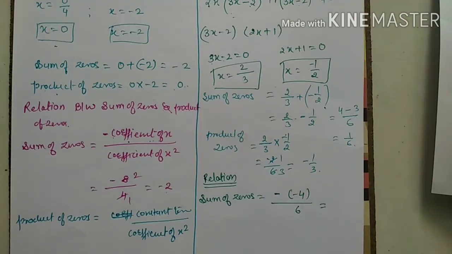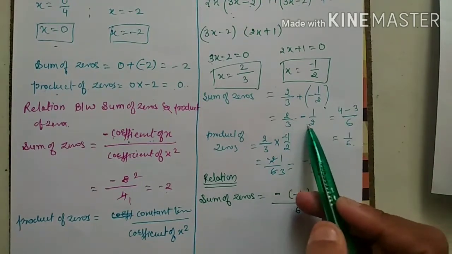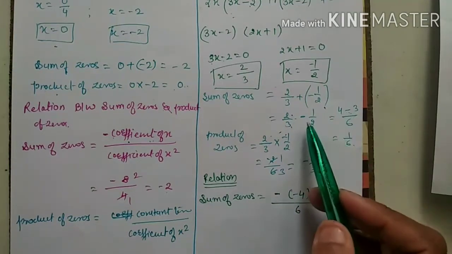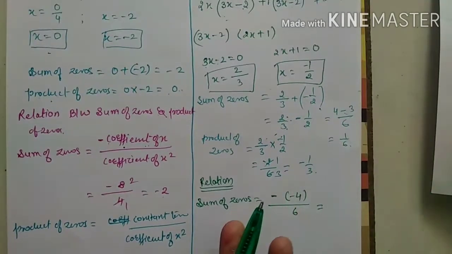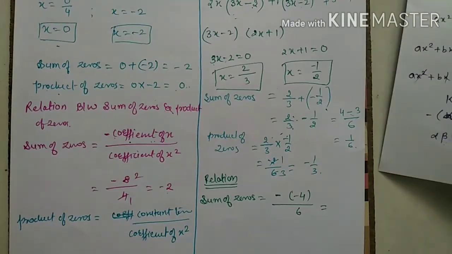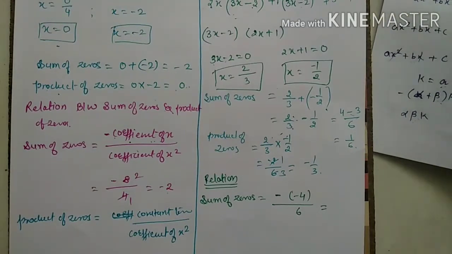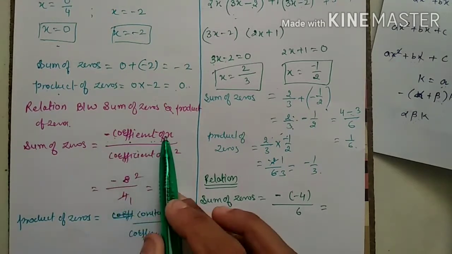Yes. Have we made a mistake here, anything? It should be matched, but why is it not matching? Again, just check. Again, have we made some mistake or not. Minus coefficient of x.